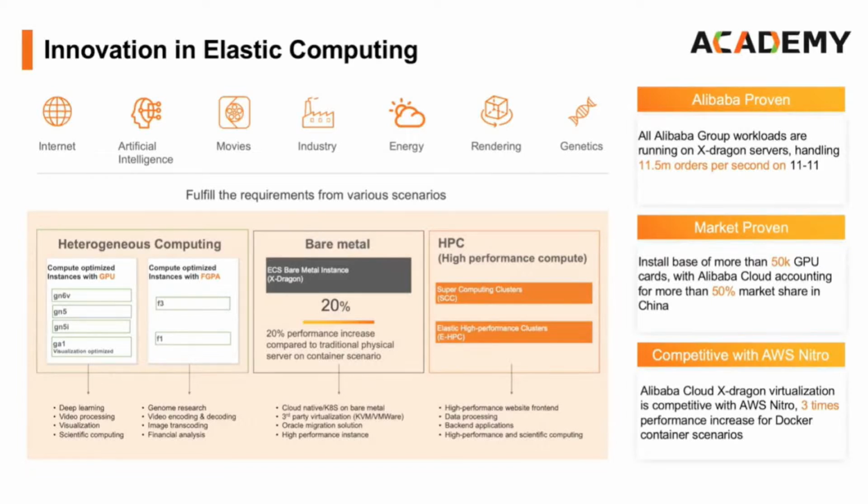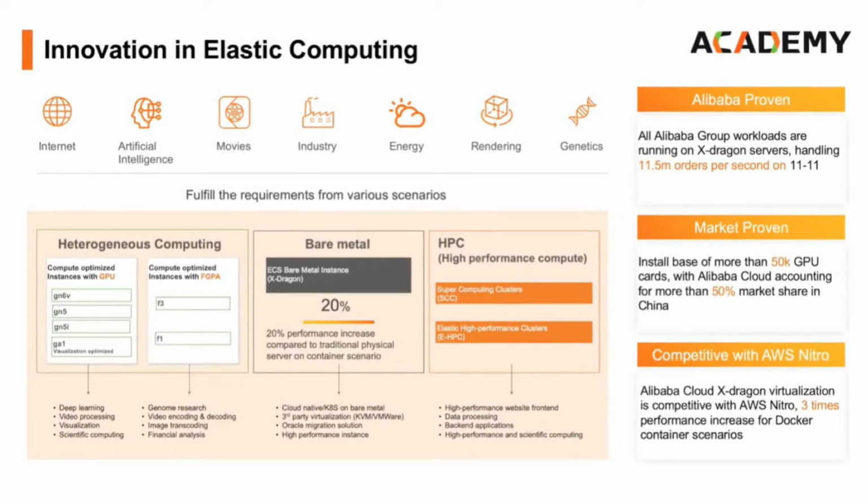And Alibaba Cloud has proven that with the X-Dragon servers, these kinds of instances can go up to 11.5 million orders processed per second on the 1111 sale, the single sale every year. And in the market, they have installed more than 50,000 GPU cards with Alibaba Cloud, accounting for more than 50% share in China.